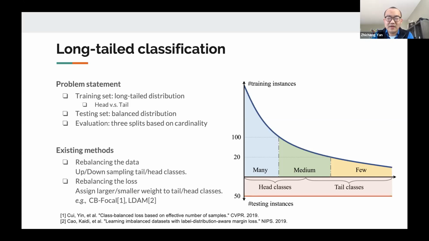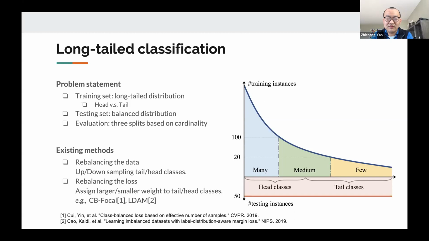They either rebalance the data set or rebalance the loss during training. To rebalance the data set, you can upsample the tail classes or downsample the head classes. To rebalance the loss, you can assign larger weights to the tail classes or smaller weights to the head classes. Those methods have improved the baseline results.